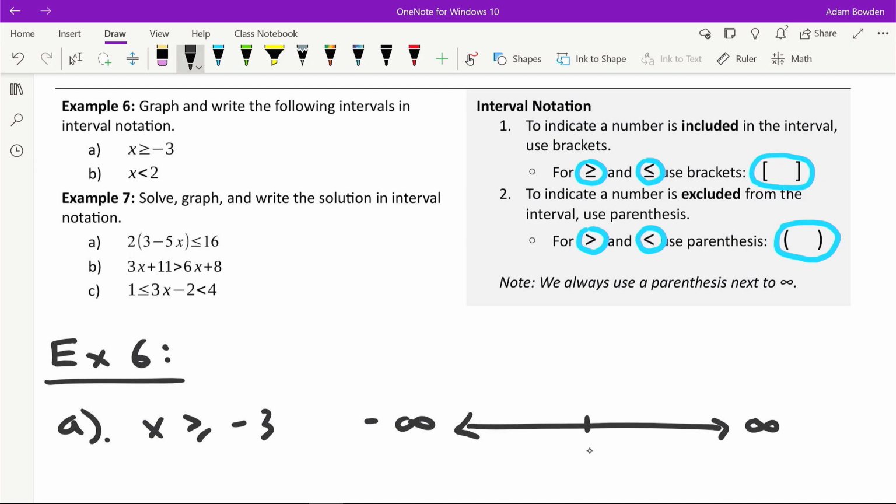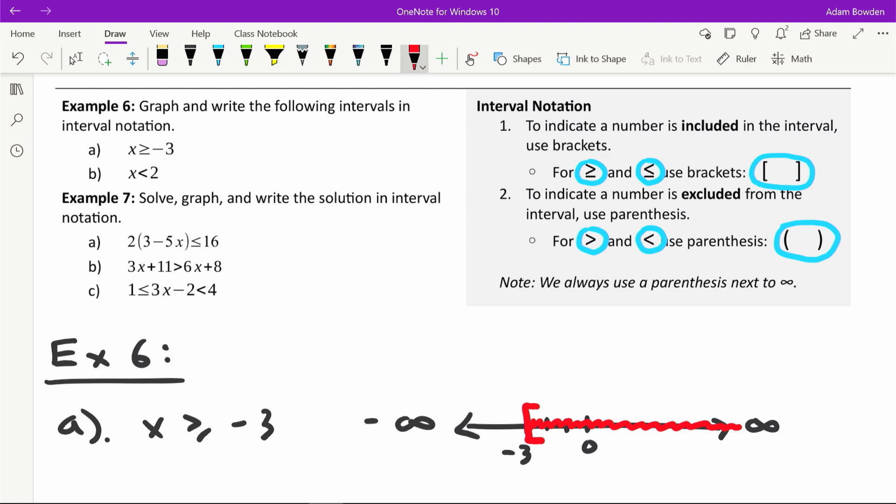So if I show this on a number line, we're going toward the greater than side. So we'll be going from -3 onward toward positive infinity. And since we have equal to in that, we'll write it as a bracket at that location. So we write a bracket at -3 pointing to the right toward the greater than direction.